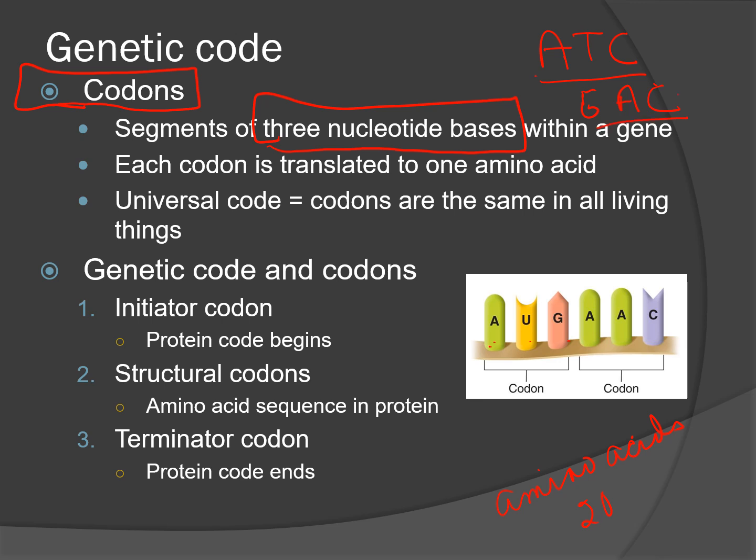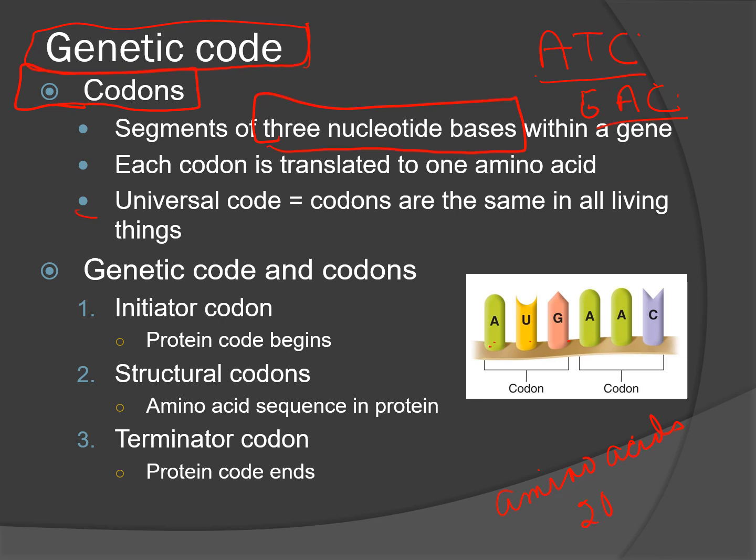Those would be codons. There are 3 bases and they represent a particular amino acid. So that is the process used for making our proteins. The set of instructions is called the genetic code, which says which 3 bases represent which amino acid.